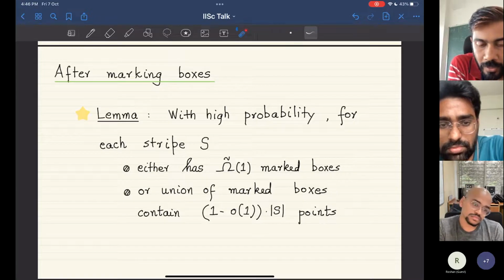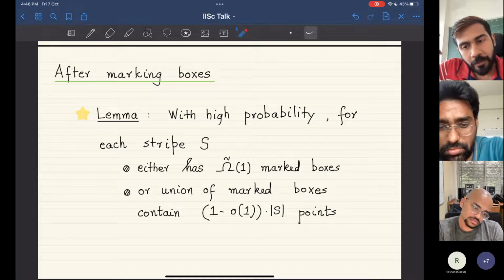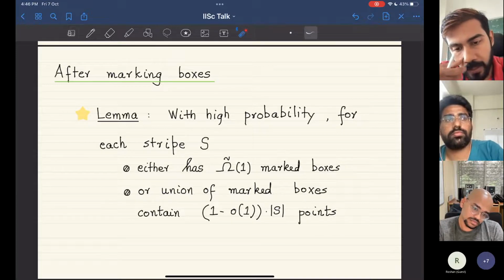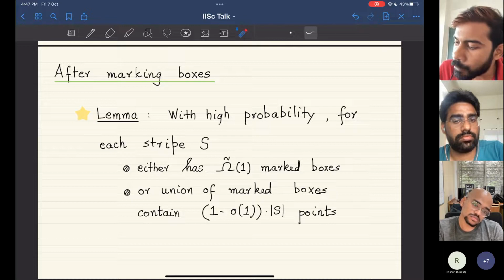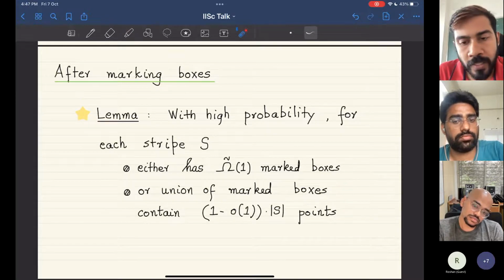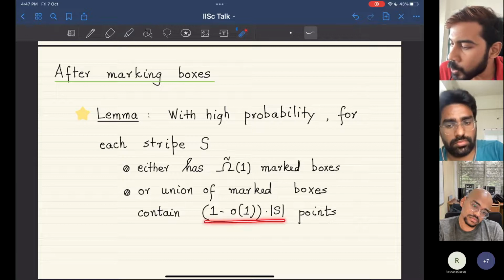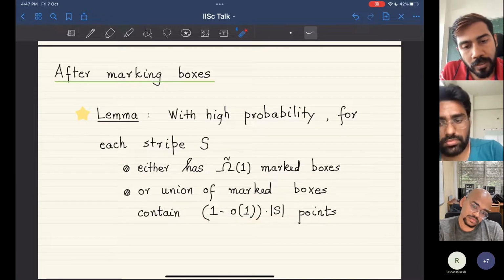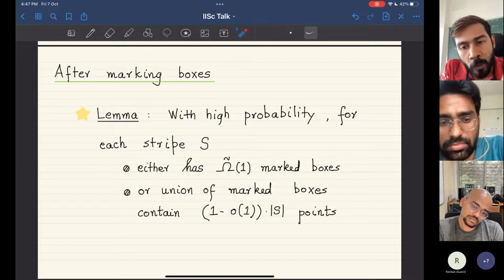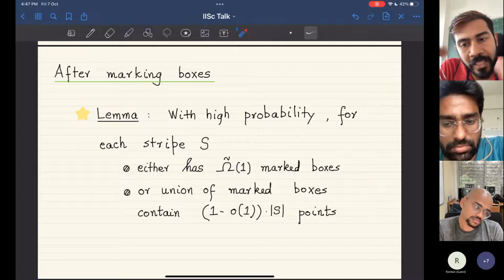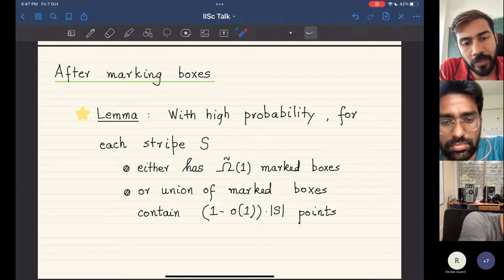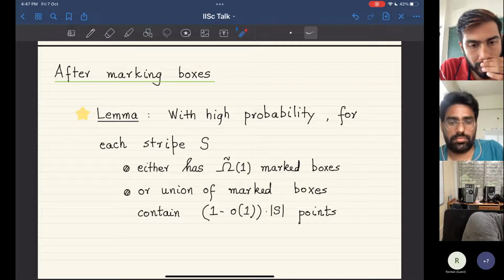So we can safely ignore all of those stripes without killing many pi appearances. And if a stripe has very few marked boxes, then the marked boxes contribute almost the whole density of that stripe. The unmarked boxes have negligible density. We can really neglect them.